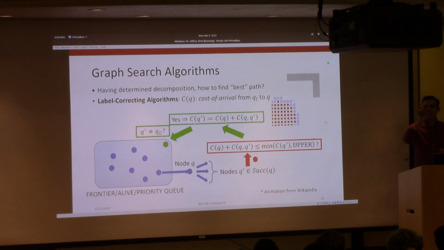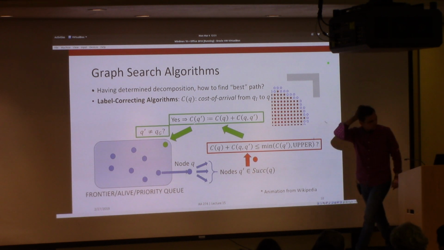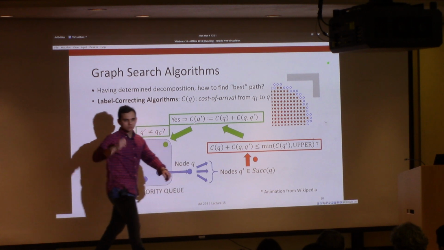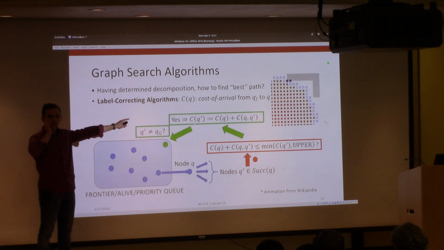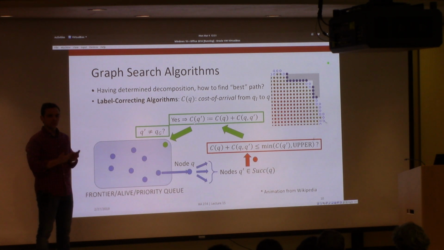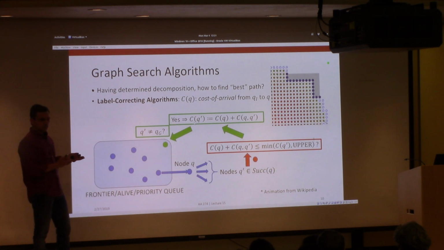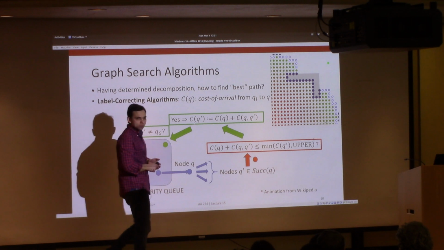Yeah? What does your cost function look like for that case? Is it just like there's uniform cost everywhere? Yes, in that case, because it's a grid, let's say every edge has the same weight. So it's basically just the sum of all weights along the shortest path. But this can actually be a more complex function.